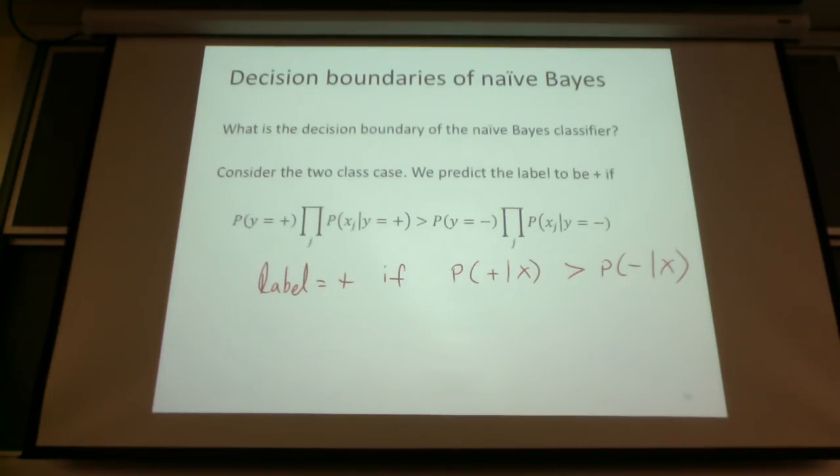Right? You find the most probable label, which means if the classifier predicts a plus, the pluses get a higher probability. But we also know that the posterior probability is just the product of the likelihood and the prior. So the label is plus if this quantity is more than this other quantity.